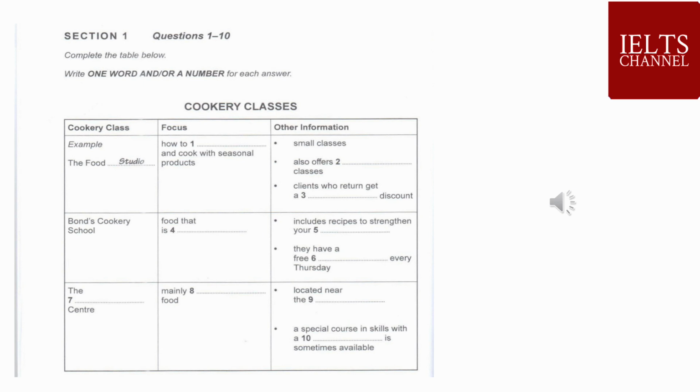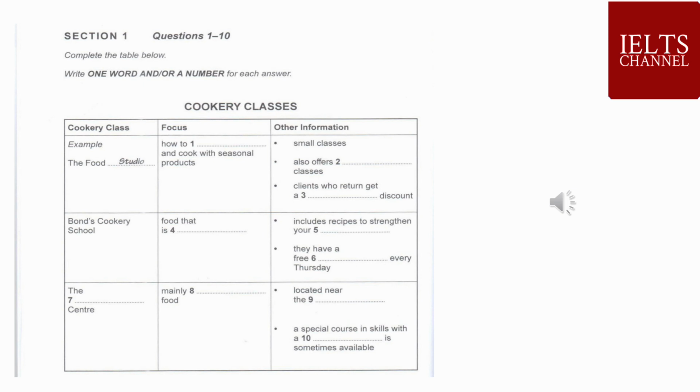Hello, Tourist Information Centre. Mike speaking. How can I help you? Oh, hi. I wanted to find out about cookery classes. I believe there are some one-day classes for tourists. Well, they're open to everyone, but tourists are always welcome. OK, let me give you some details of what's available. There are several classes. One very popular one is at the food studio. Okay. They focus on seasonal products, and as well as teaching you how to cook them, they also show you how to choose them.